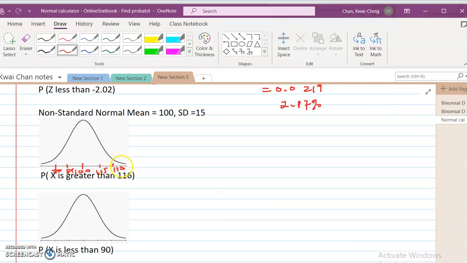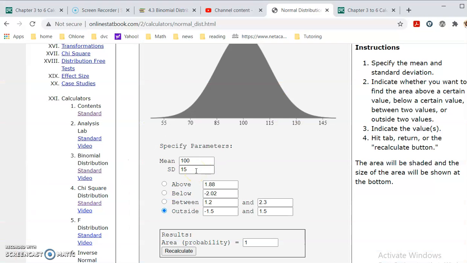But where is 116? 116 is right at 115. Greater, so this must be above. Use above 116, and I do recalculate.